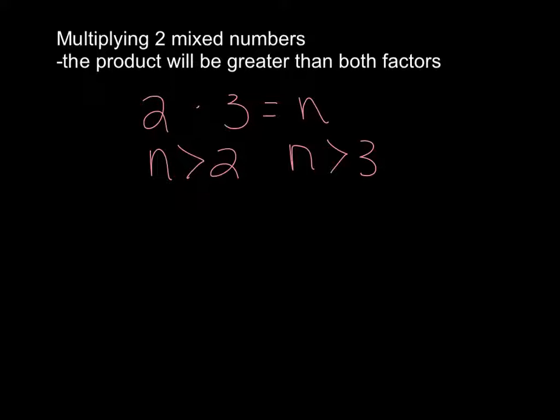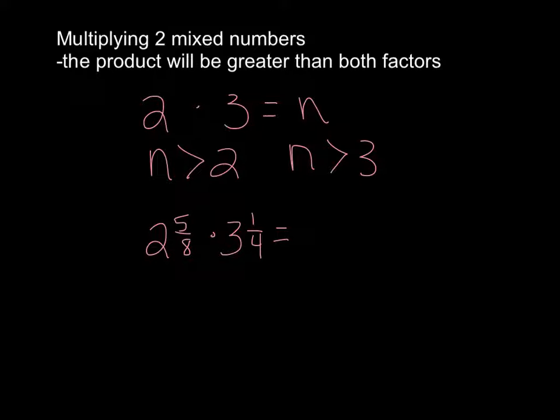Well, multiplying mixed numbers is no different. If I take 2 and turn it into 2 and 5/8, and 3 and turn that into 3 and a fourth, well, I still have two factors that are greater than 1. And whenever we have two factors that are greater than 1, the product will be greater than both factors.